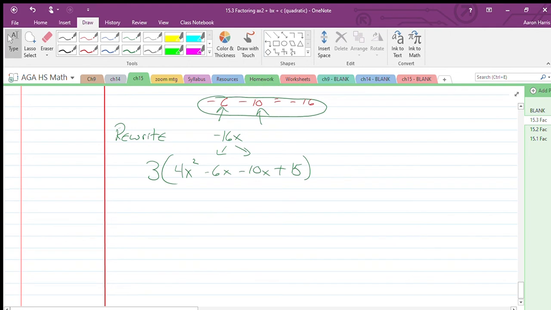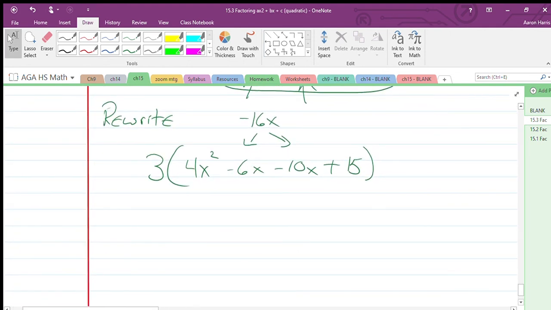And now that I have that, what can I do? I can factor by grouping. So I have 4x squared minus 6x. Group those together. Add them to the negative 10x plus 15.